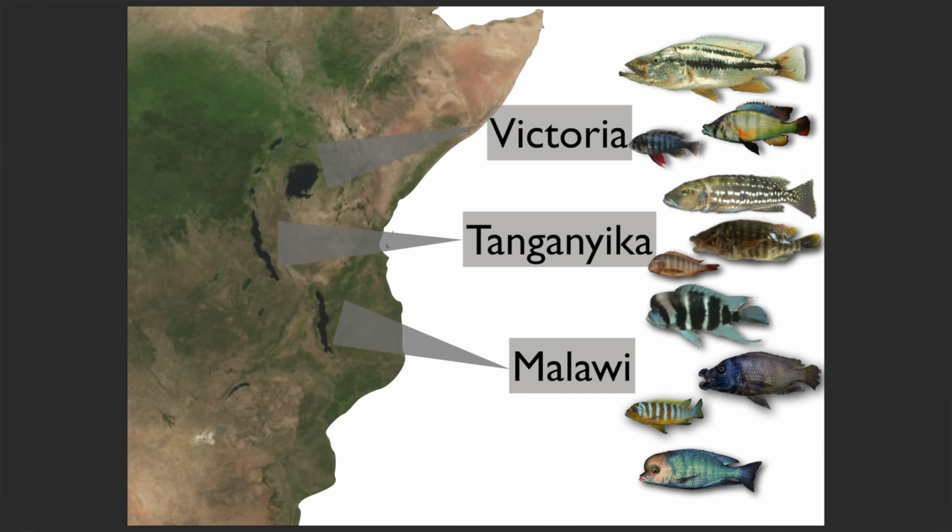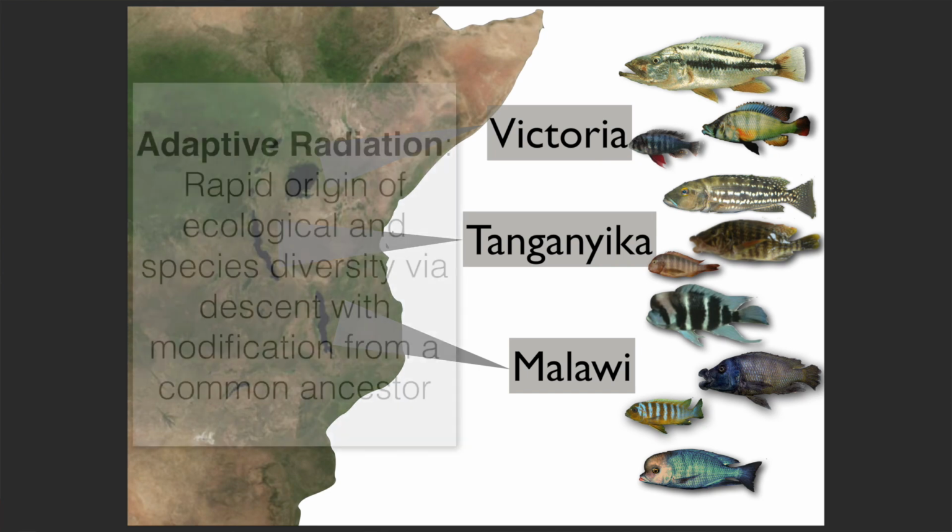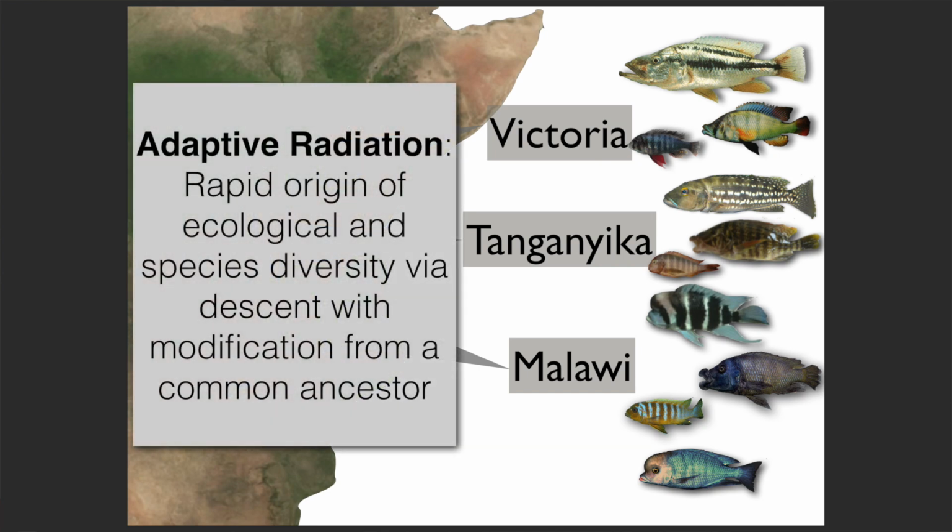And they form independently in each of these lakes what we call adaptive radiations, where adaptive radiations are the rapid origin of ecological and species diversity via descent with modification from a common ancestor. So this process of adaptive radiation has happened independently in each of these three Great Lakes and also in many other lakes across the African continent.